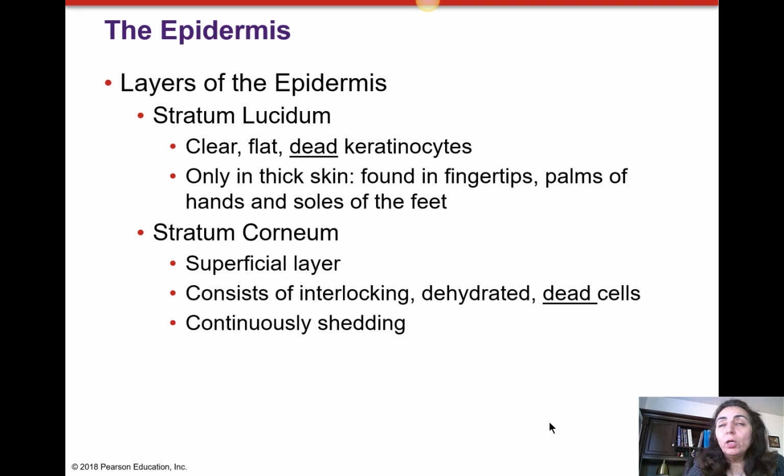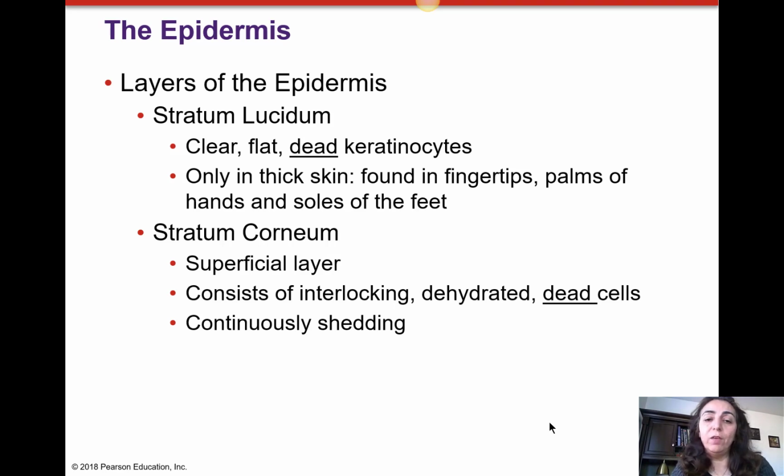And finally, the stratum lucidum, which is made of clear, flat, dead keratinocytes. So pay attention: up to the stratum granulosum, some parts of the cells are still alive. At the stratum lucidum, they're totally dead. And only in thick skin can you find the stratum lucidum. Thick skin is the skin we find in the fingertips, palms of the hands, and soles of the feet, right?